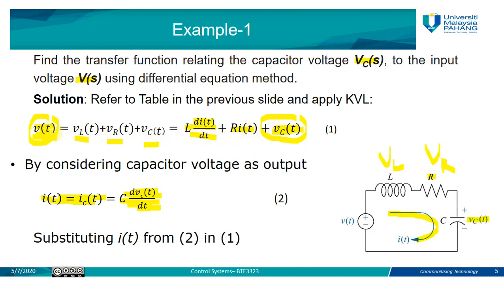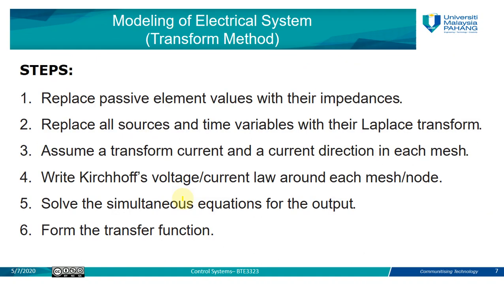So we keep Vt equal to L d over dt of it, and this it will be replaced by C dVCT over dt. In the second term, we keep Vc. We have R it here, and this it also will be replaced by this one. As we can see, we are substituting equation 2 in equation 1.